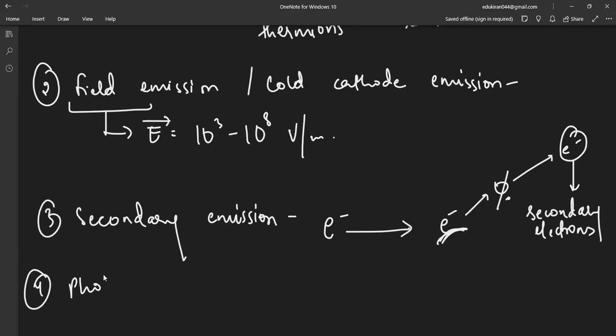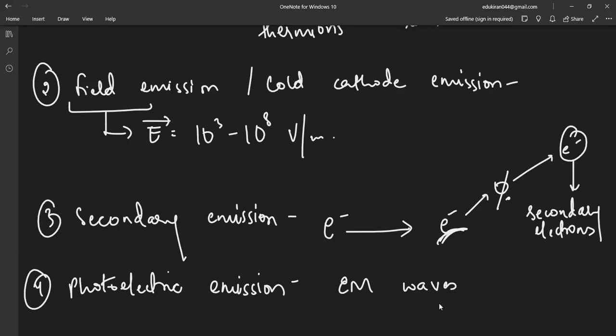Lastly, we have the photoelectric emission. In photoelectric emission, basically the electrons are ejected with the help of electromagnetic waves, that is, electromagnetic radiations of sufficiently high frequency are incident on it.